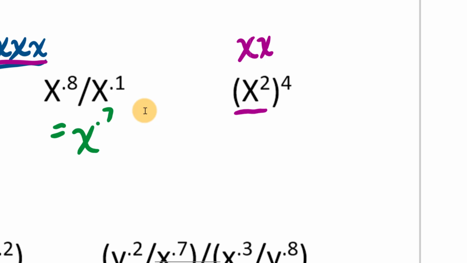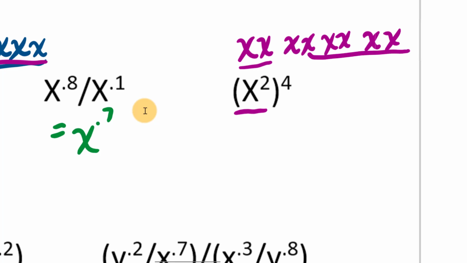So that means we have x squared times itself 4 times: x times x, times x times x, times x times x, times x times x. And so we end up with x to the 8th. So that's why we multiply the 2 times the 4 to get the exponent x to the 8th here.